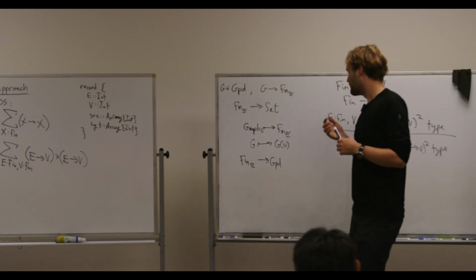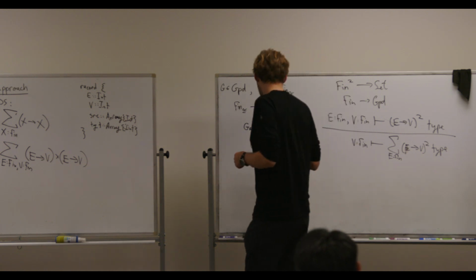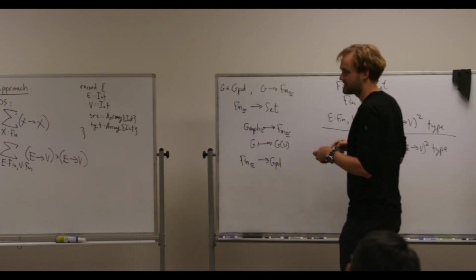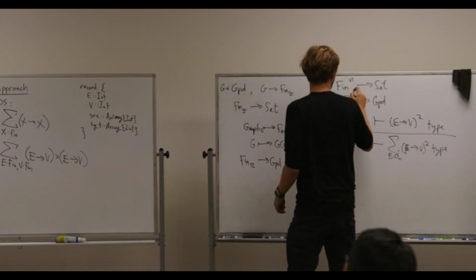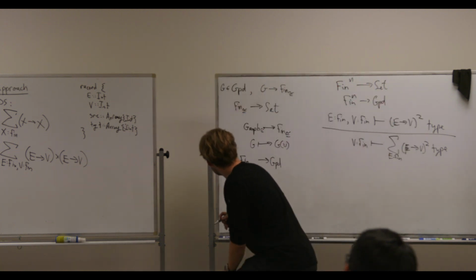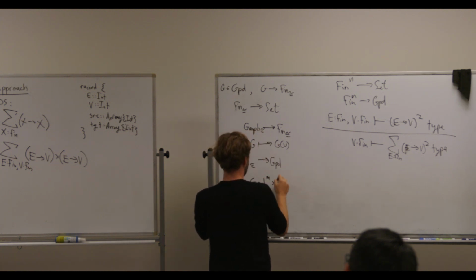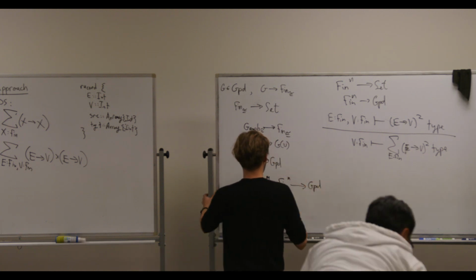And now we can go one step further. If a multivariate stuff type was a functor Fin^n to Groupoid, a generic multivariate stuff type is a functor from Groupoid^m times Fin^n to Groupoid.